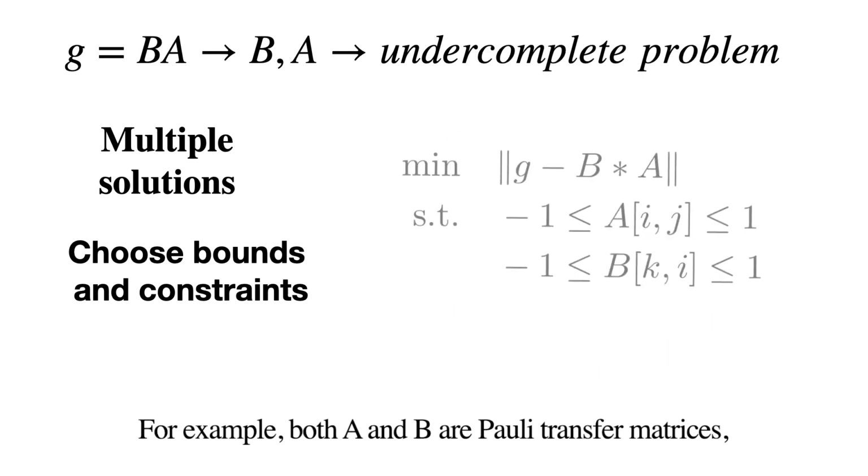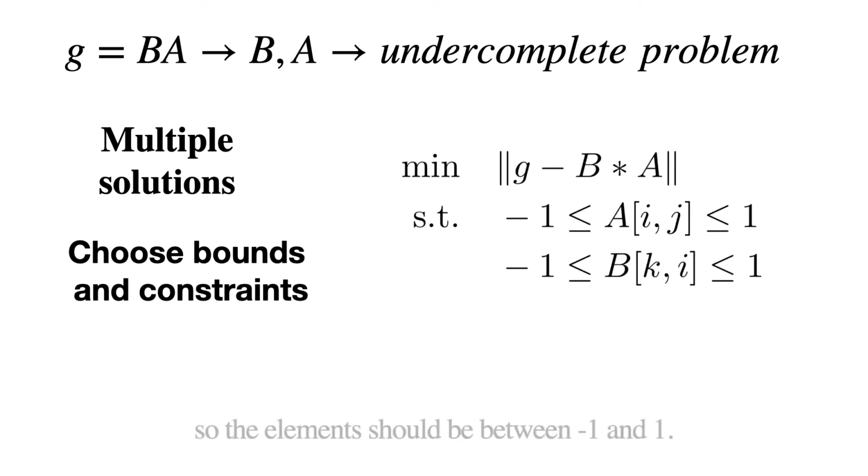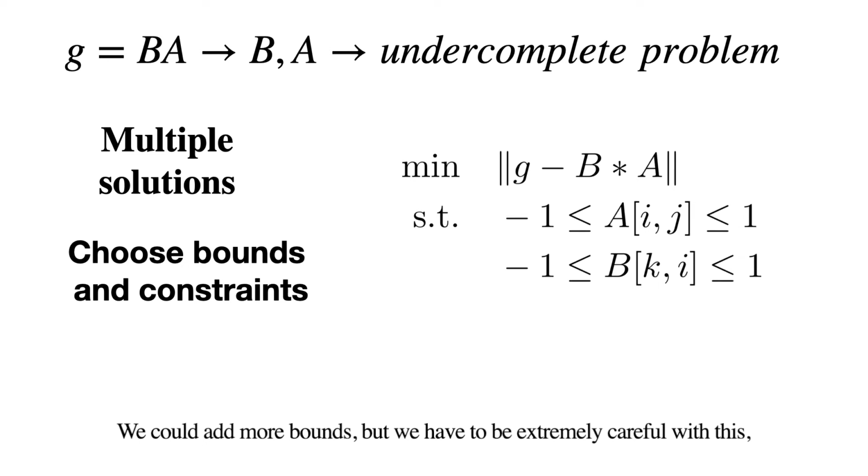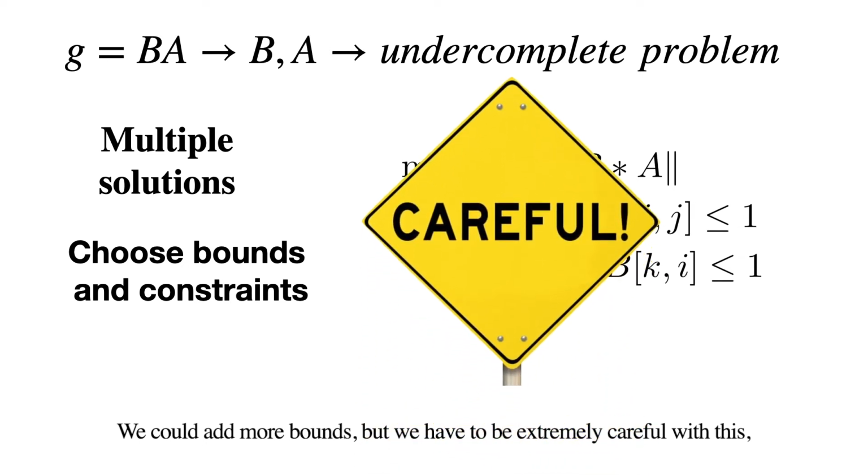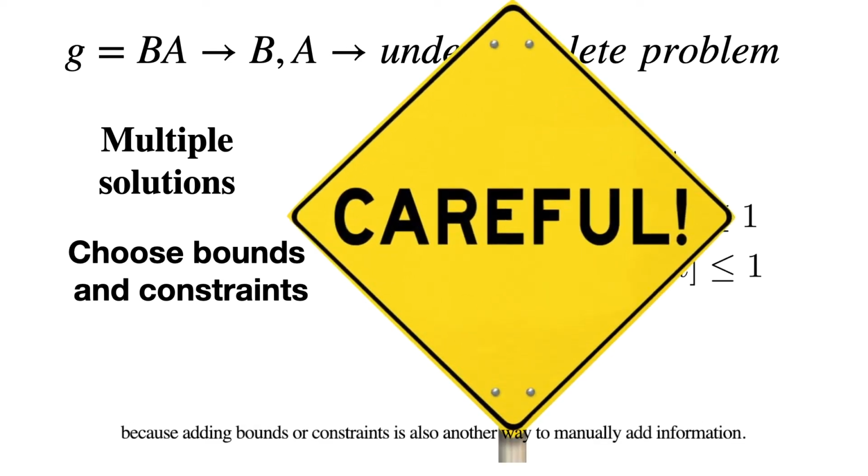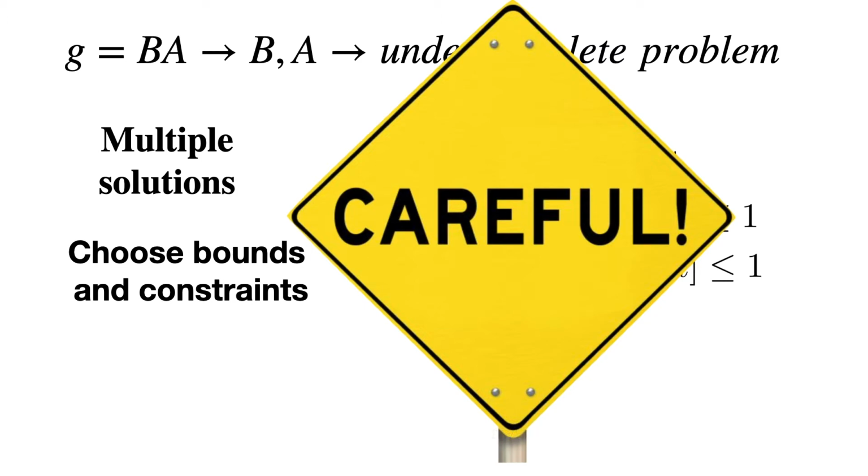For example, both A and B are Pauli transfer matrices, so the elements should be between -1 and 1. We could add more bounds, but we have to be extremely careful with this, because adding bounds or constraints is also another way to manually add information.